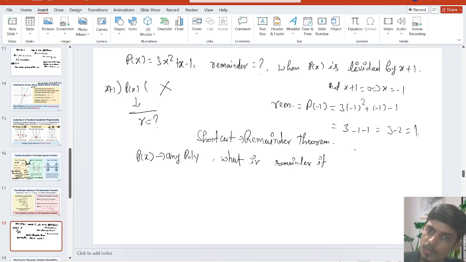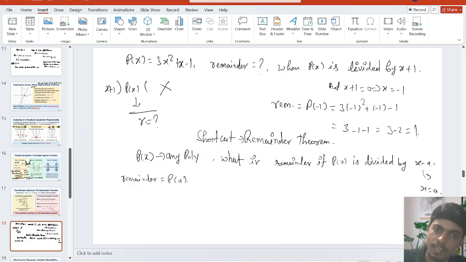If p(x) is divided by x minus a, just putting x minus a equal to 0, you get x equal to a. Then the remainder is nothing but the value of the polynomial at x equal to a. Simplifying, for x plus 1, putting x equal to minus 1, the remainder is nothing but p(minus 1). Just putting the value of minus 1, you get the remainder.